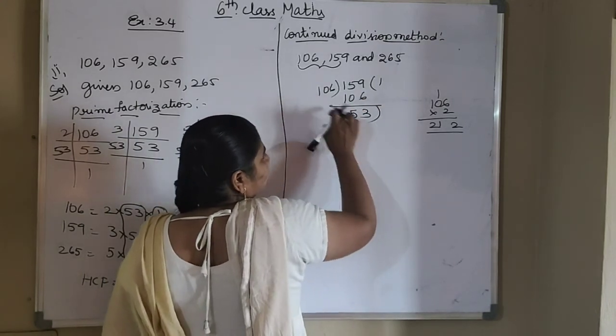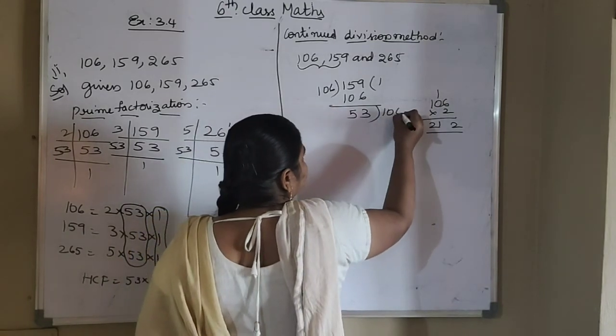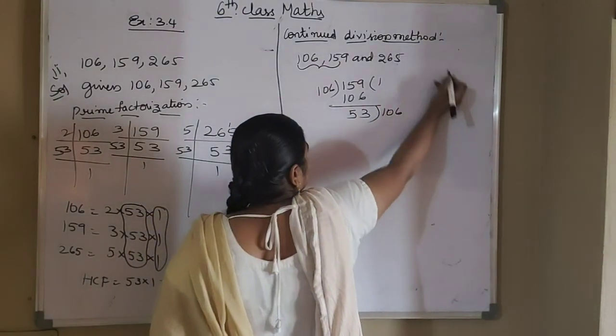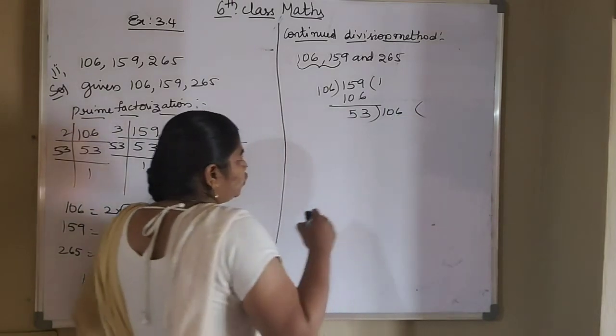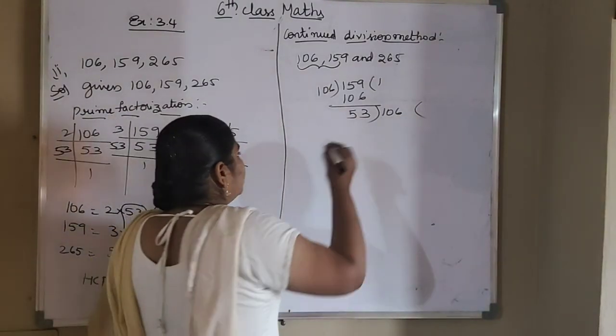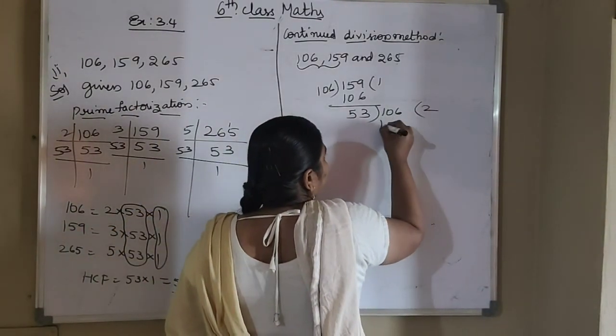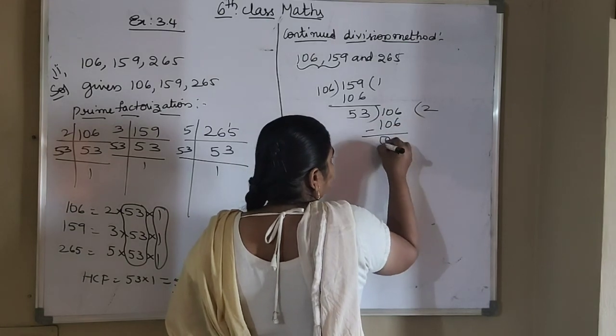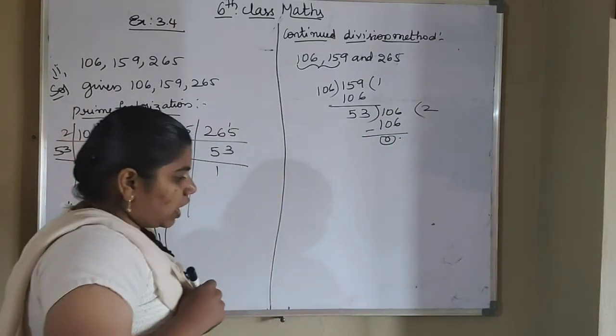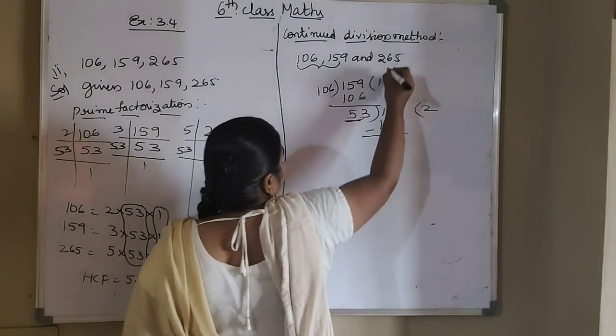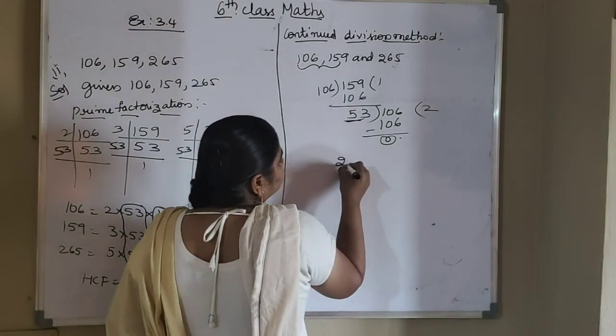Now this divisor we divide with 53. So how many times you can take? 2 times we can take. 53 2s are 106. So you got the remainder as 0. Now with this 53 we have to divide this 265.